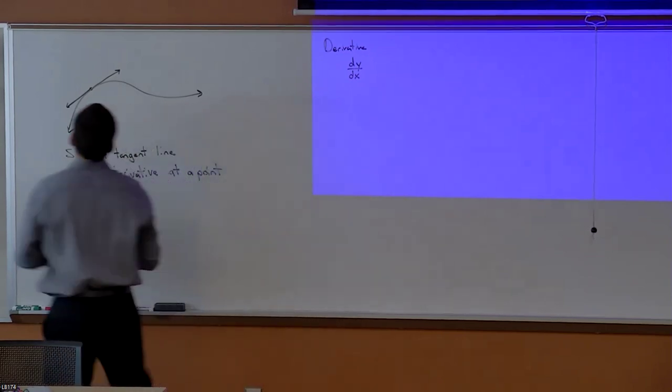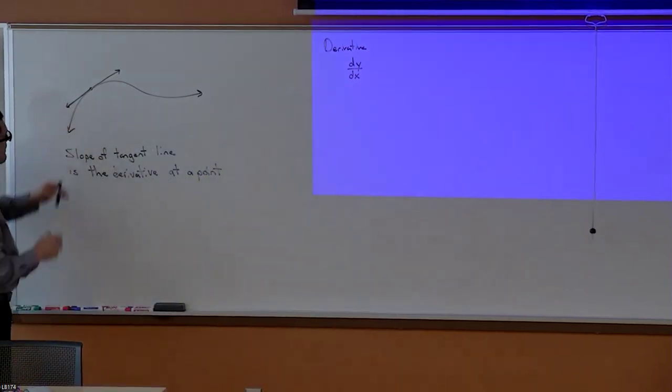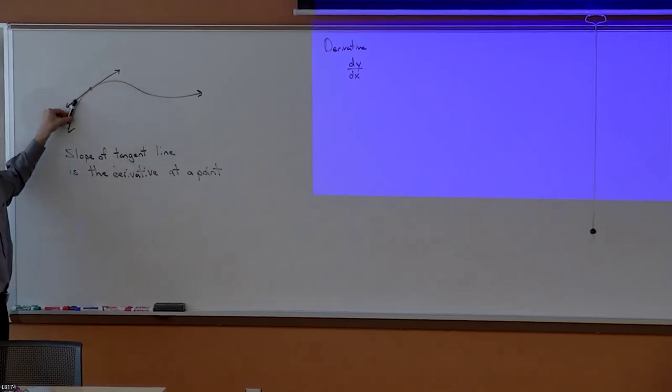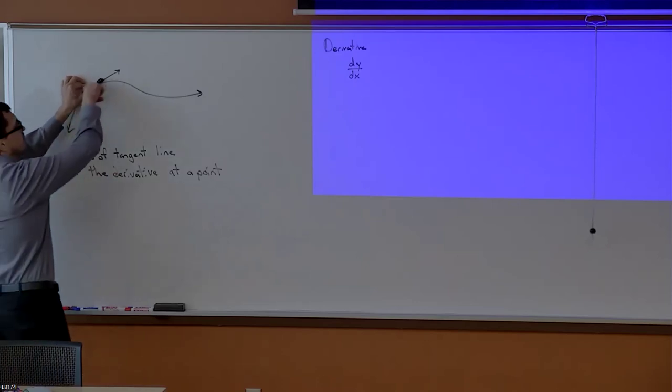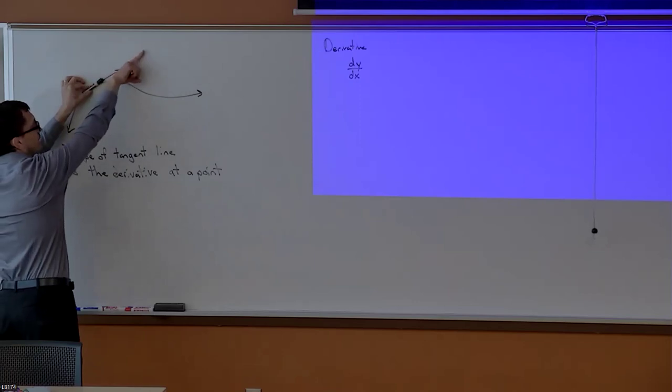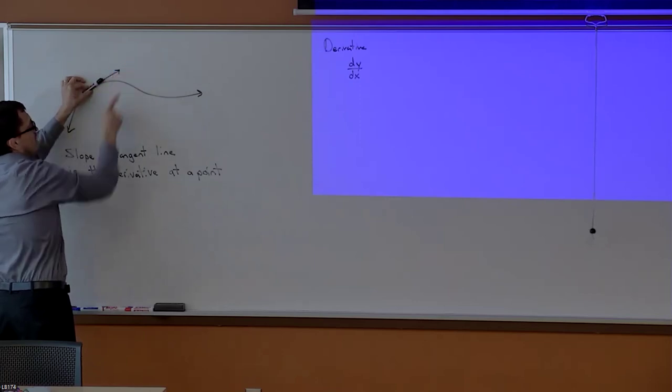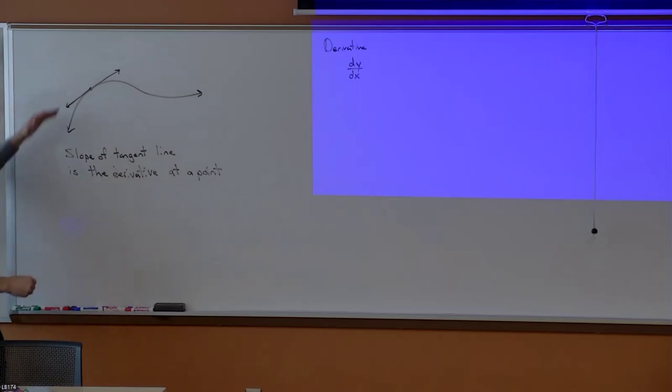So slope, as we're following along our curve, think about a car driving along that curve. Once the car is at this point, if the car drew a straight line out from its headlights, those headlights would be pointing in this direction, straight out. That's the idea. So it's instantaneous change in y divided by instantaneous change in x.